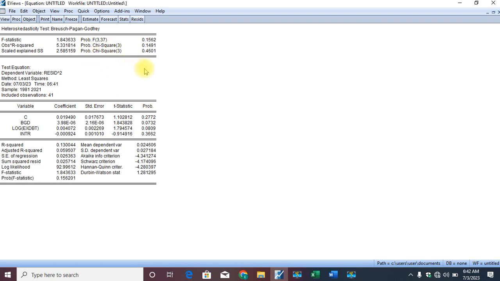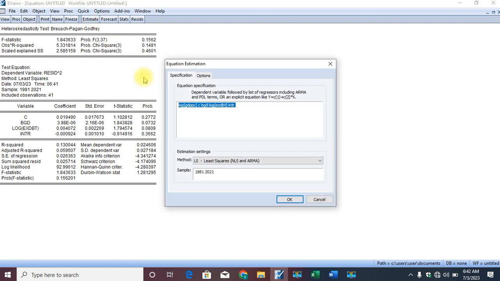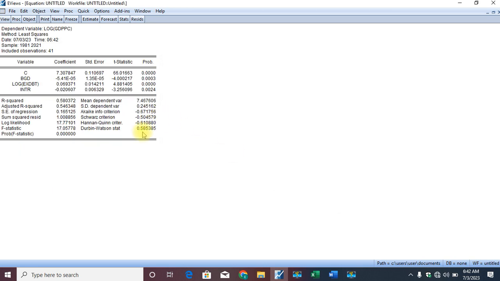So the last one we are going to be doing this morning is to look at the presence of autocorrelation. Recall that when we did the OLS estimation, I told you that there is evidence of first order autocorrelation given the behavior of the Durbin-Watson statistic.